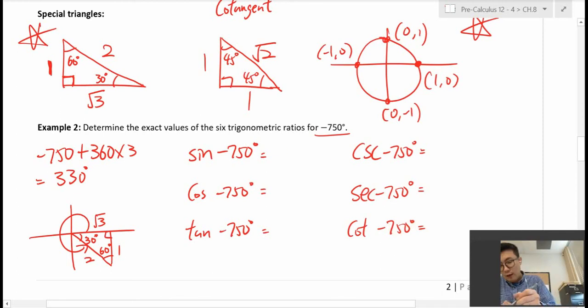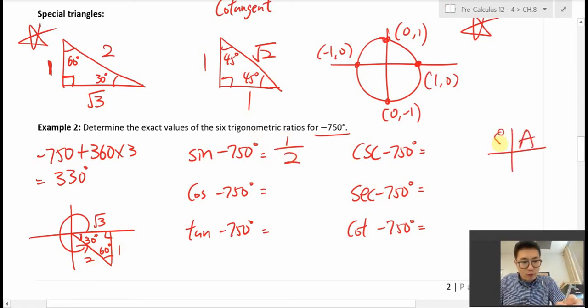For sine of negative 750, we look at its reference angle, which is 30 degrees. Sine is opposite over hypotenuse, which is 1 over 2. However, we need to consider whether sine is positive or negative in the fourth quadrant.